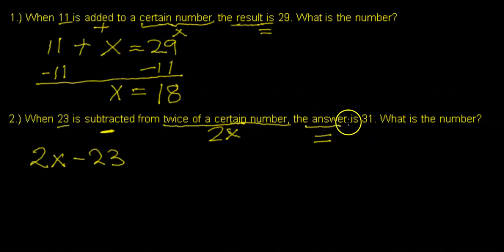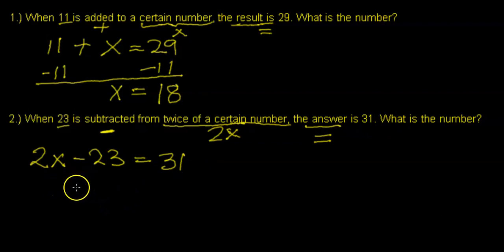And the answer, according to this, is equal to 31. So once again, just by using the keywords and the information given, we're able to form our equation. And then here we go ahead and solve it.